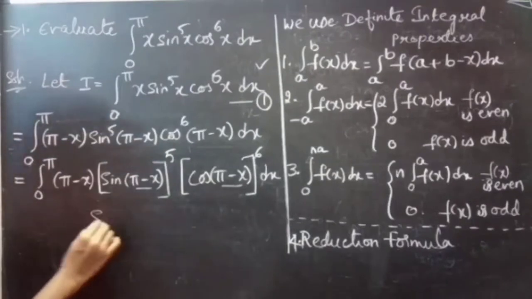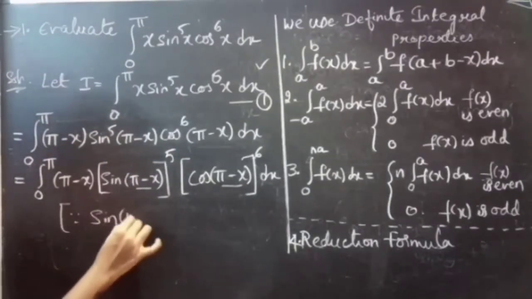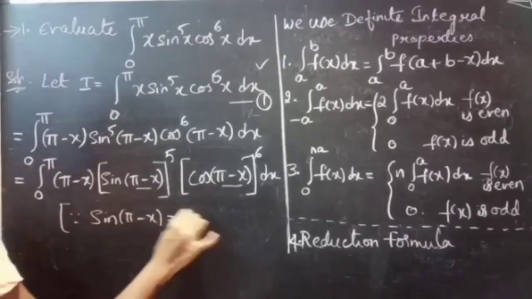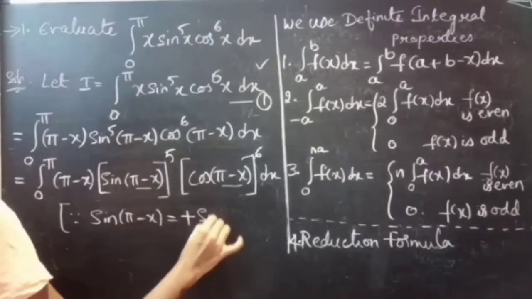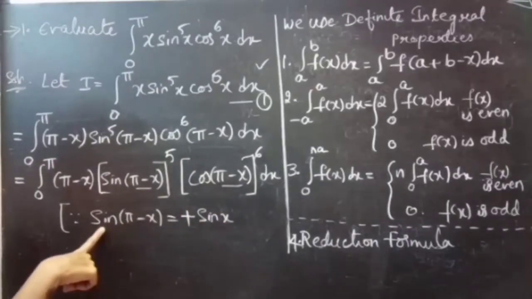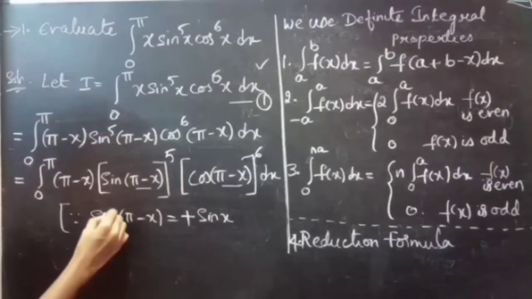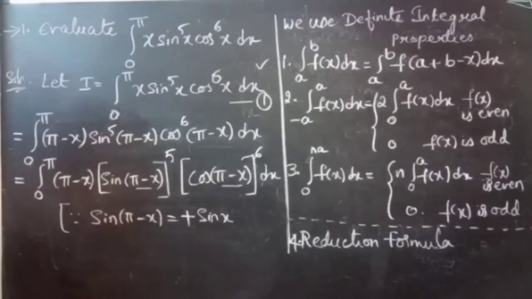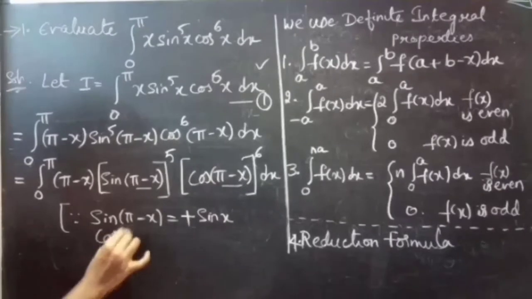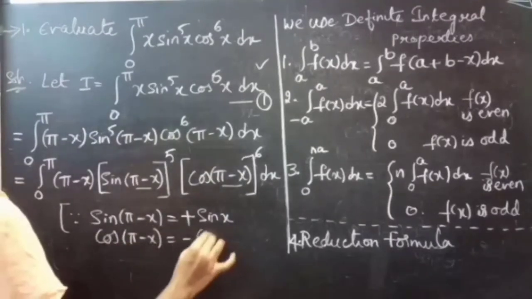So sine of pi minus x equals plus sine x. Since you are having pi, sine will be sine, so you will not change the function. Cos of pi minus x equals minus cos x.